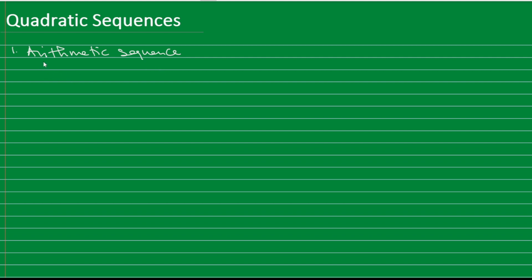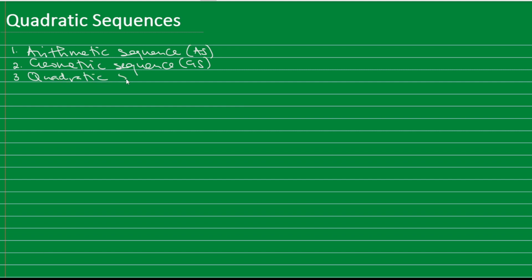So we have what is called the arithmetic sequence, usually shortened to AS. And we have the geometric sequence, shortened to GS. And then we have the quadratic sequence.